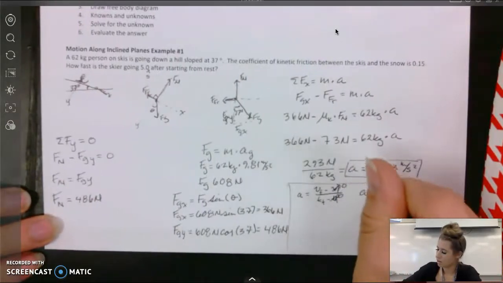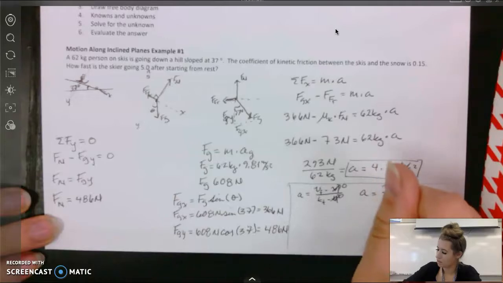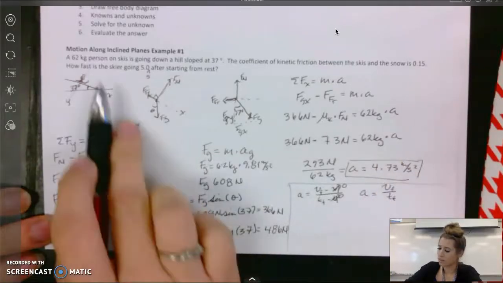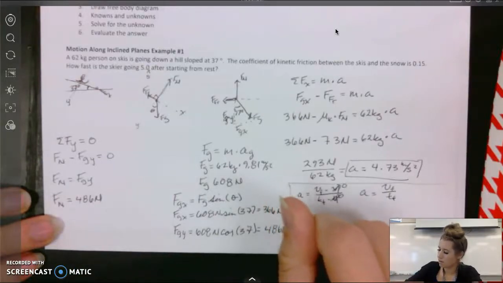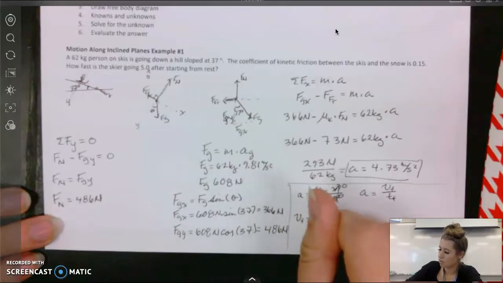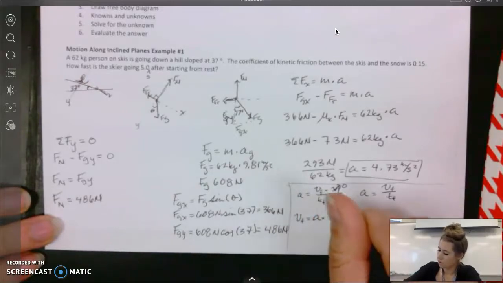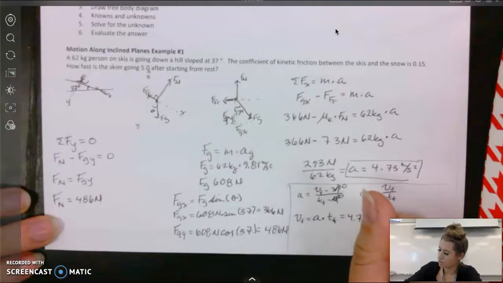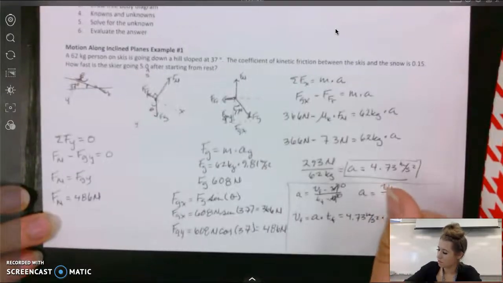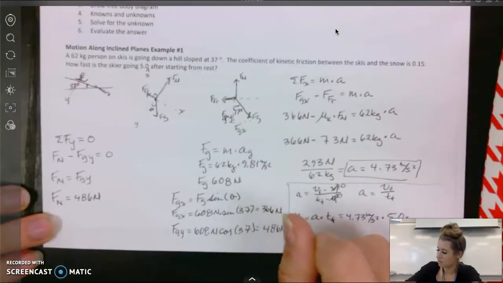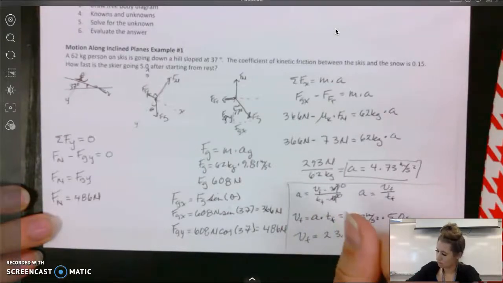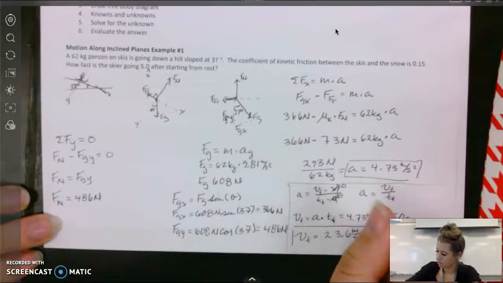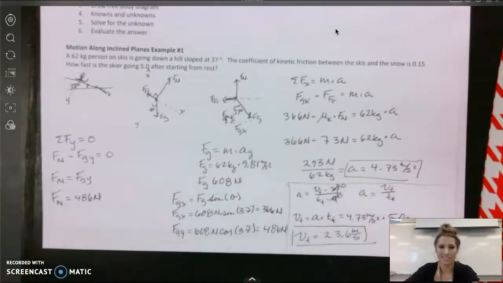So acceleration is velocity final divided by time final. But we want to know how fast he's going, so that's velocity final. So I'm going to multiply time final to both sides. So velocity final is equal to acceleration multiplied by time final, or 4.73 meters per second squared multiplied by the 5 seconds. And that gives us 23.6 meters per second. That's our final answer there.